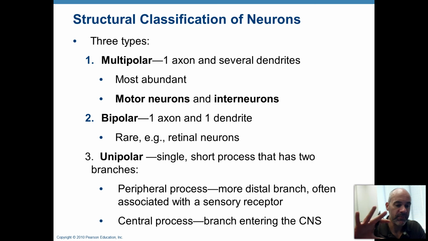So the cell body area of the neuron is where those stimulatory or inhibitory influences get integrated together, and the decision gets made whether or not the axon hillock is going to reach threshold and that neuron is going to generate its own nerve impulse.